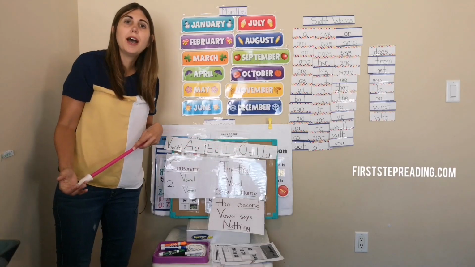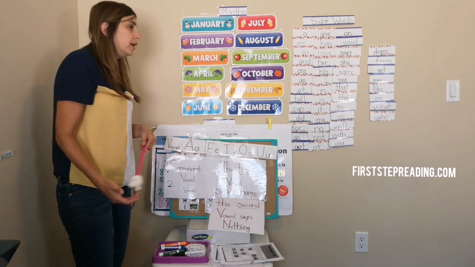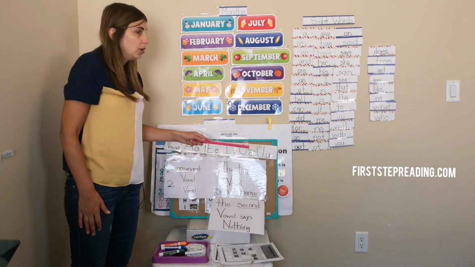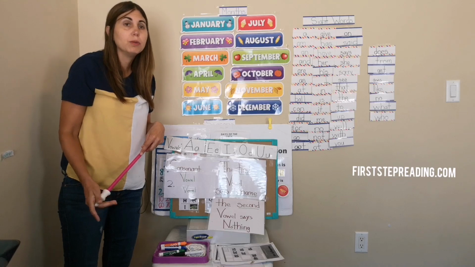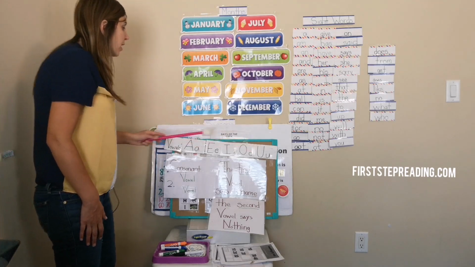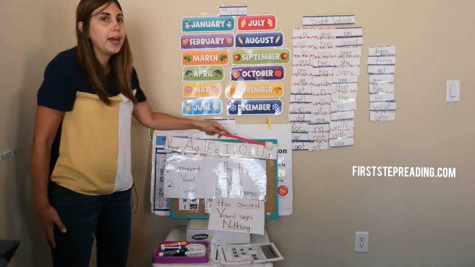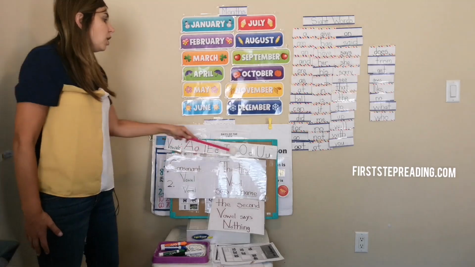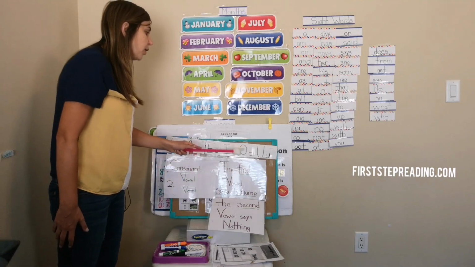O is a vowel, a vowel, a vowel. O is a vowel, A-E-I-O-U. U is a vowel, a vowel, a vowel. U is a vowel, A-E-I-O-U. Those are our vowels, A-E-I-O-U.